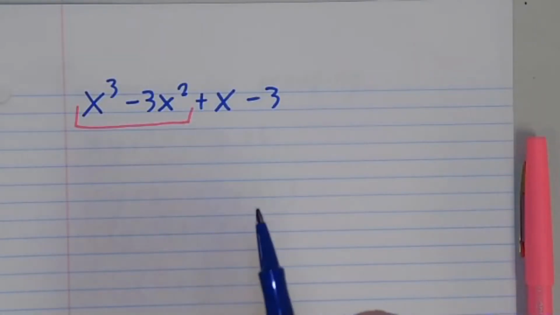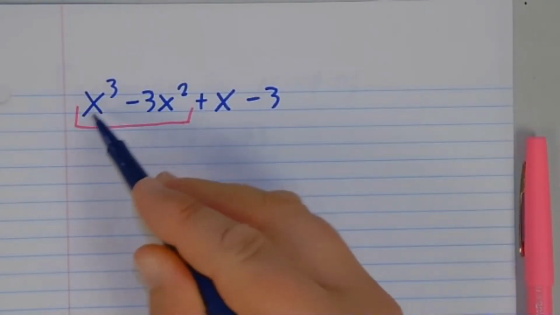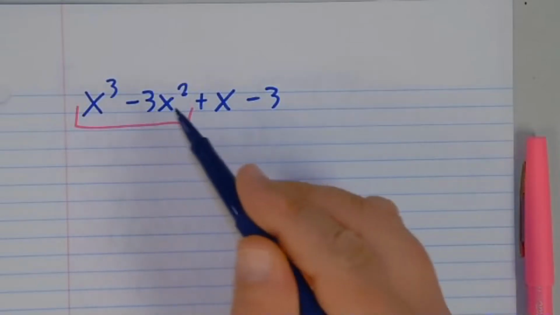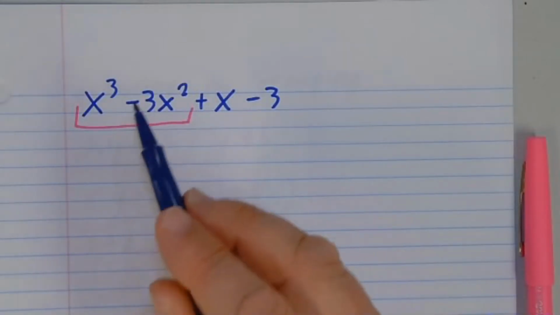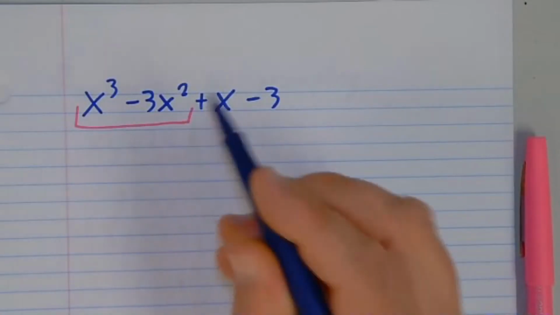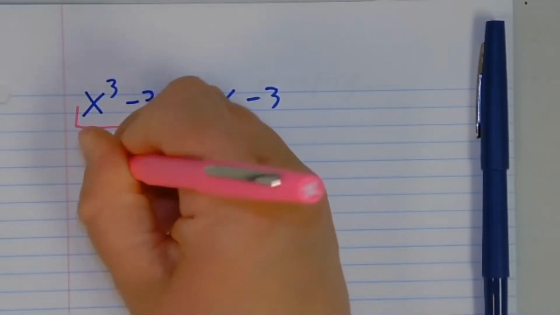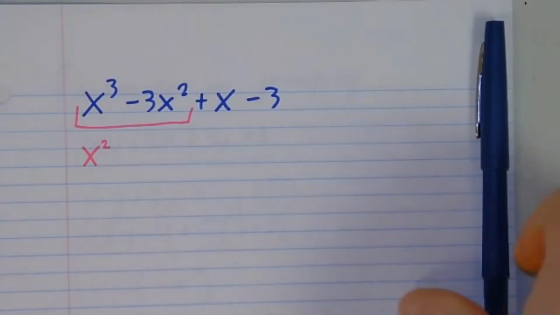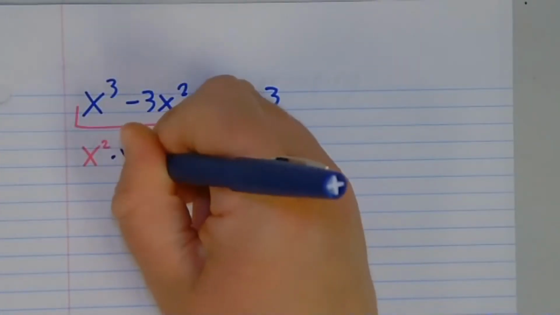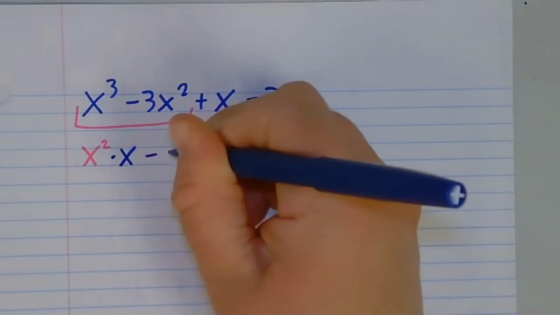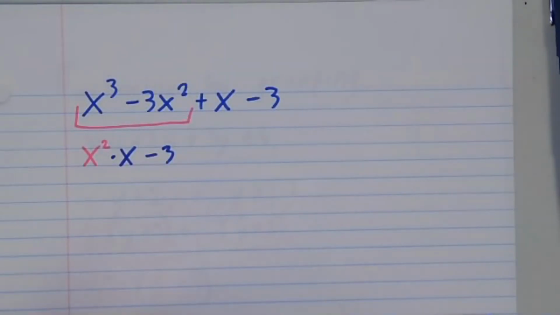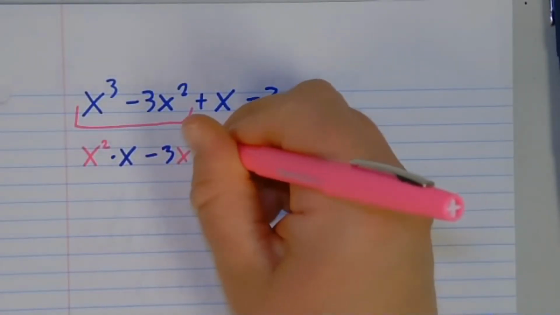In this group, I can factor out, definitely there's an x. There's actually an x squared in each of these, because x to the third is like x squared times x. So this one would have x squared times x minus 3 x squared.